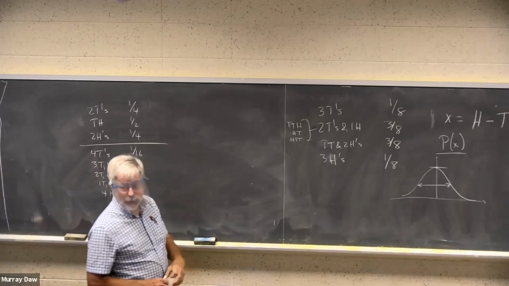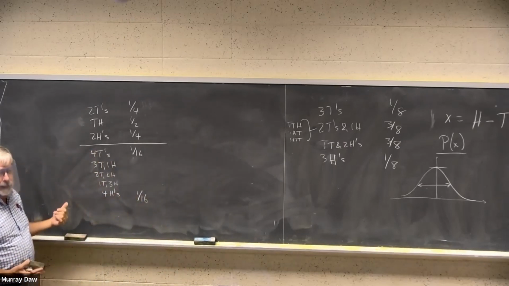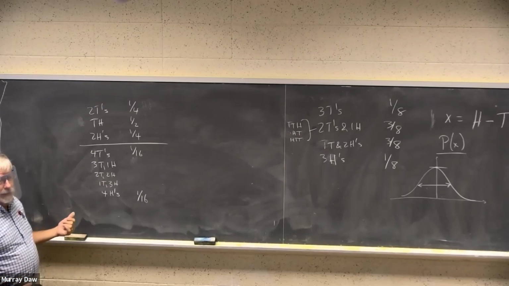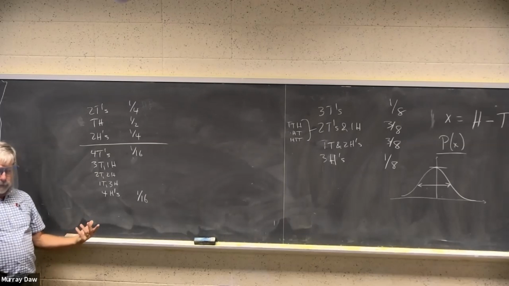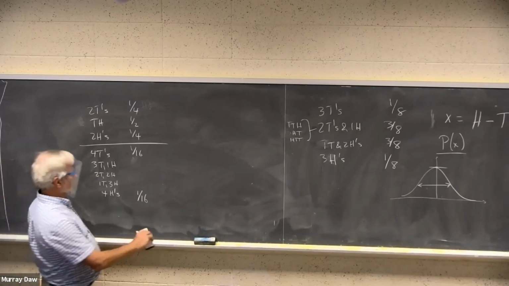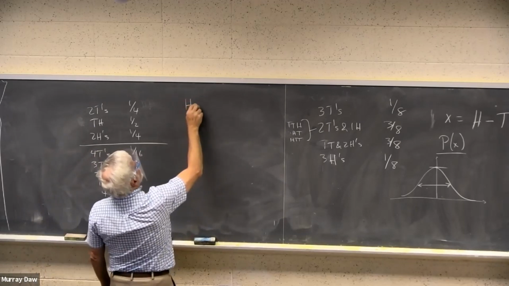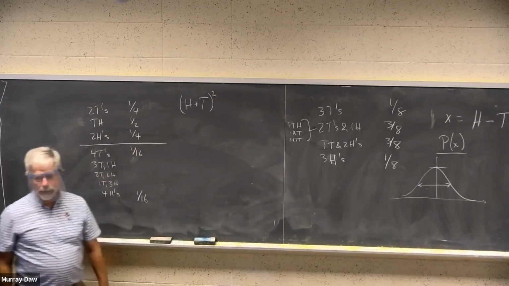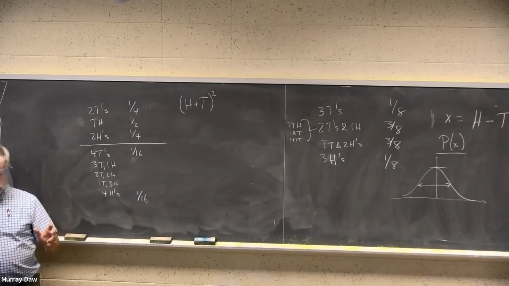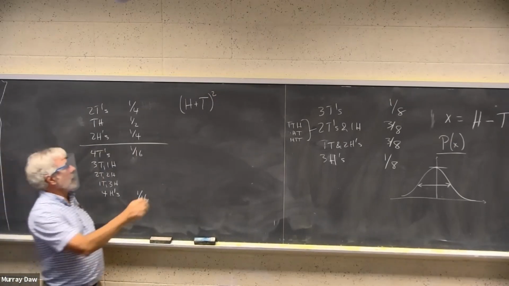Okay, consider this. I'll show you how to find this. You already know this. If you know the binomial coefficient, you already know this. Work it out with the binomial coefficient. So let's consider algebraically something like heads plus tails squared. That's 2 coins, 2 possibilities.